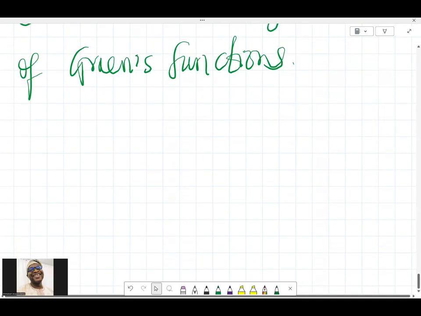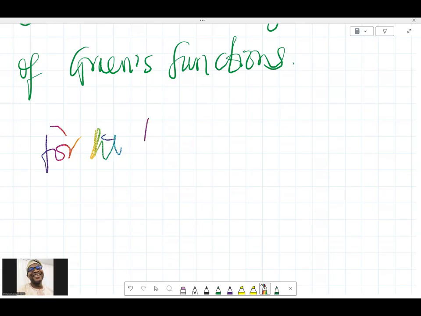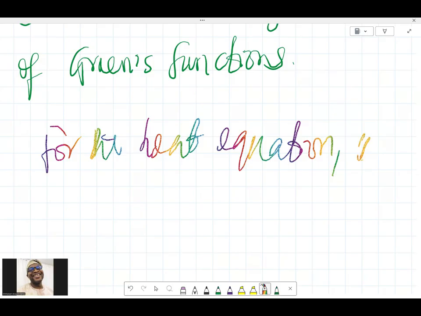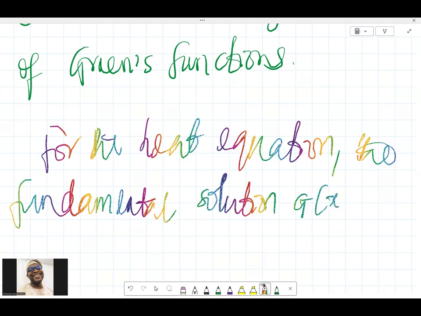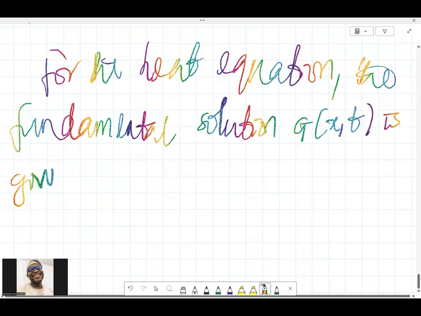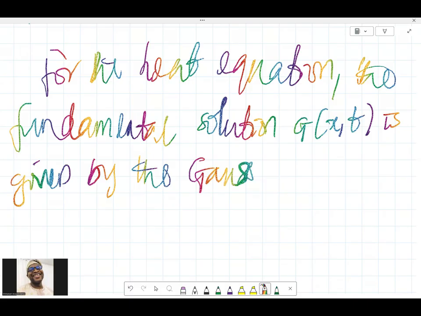Okay, so for the heat equation, the fundamental solution g of x comma t is given by the Gaussian function. It's a popular one, the Gaussian function, which we use for the normal distribution.